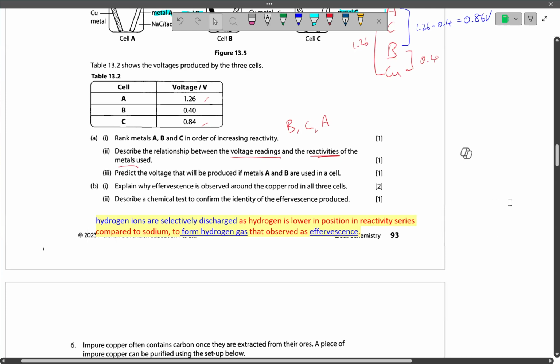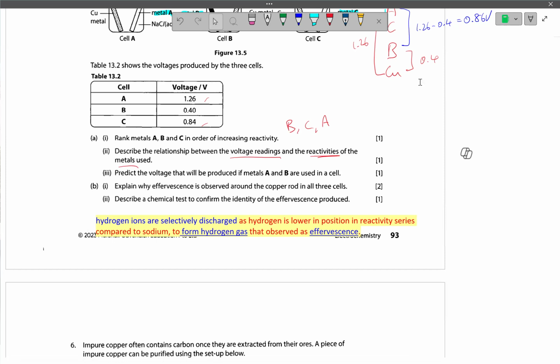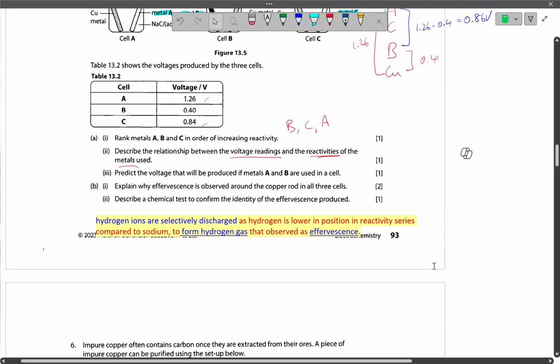And the chemical test is very obvious for hydrogen. So basically, you just need to insert a lighted splint into the test tube of the gas. And the lighted splint will extinguish with a pop, that's all.